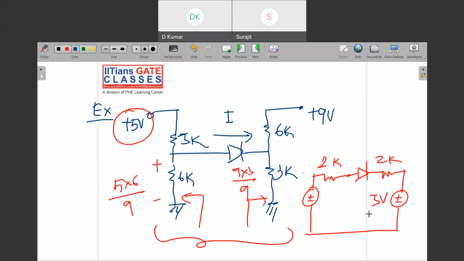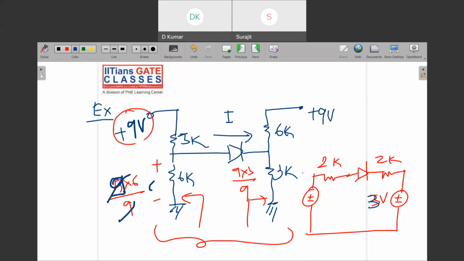There is a 3 volt, and this is what? This is 15, I think, right? Let me check. That is 5 or 15. No, this is 9. Yes, sorry, this is 9. Surajit, please correct. This is 9. So this is 9 now.